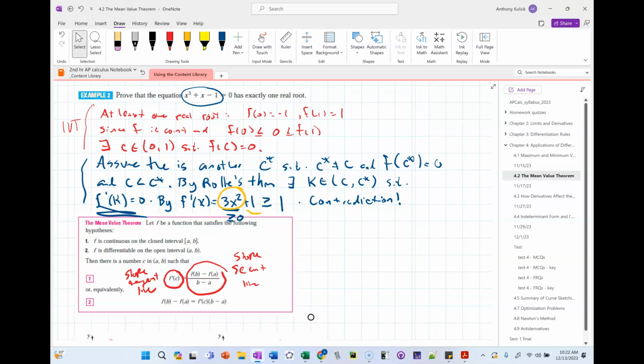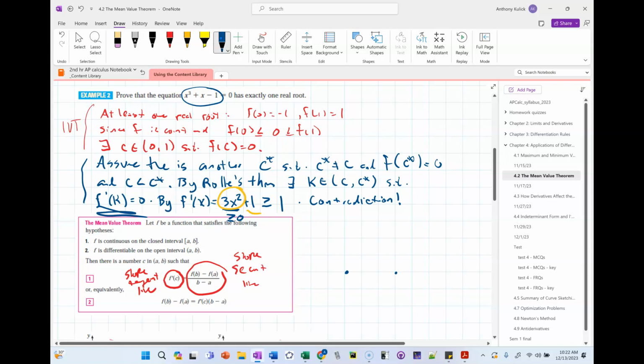It's got to be on one side or the other because it's not equal. That tells us there's some place where the derivative has to equal 0 in between those two, because if you have a 0 here and a 0 here, there's got to be some place in between where it's 0.